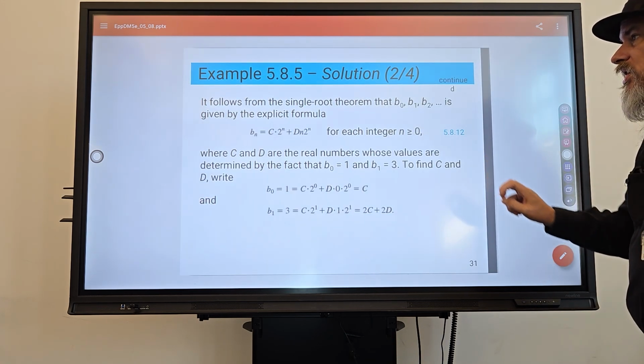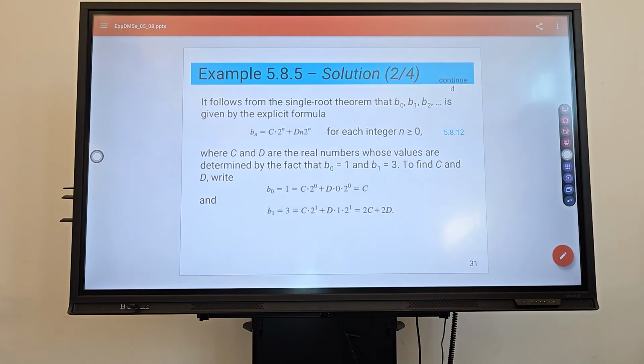So it follows from the single root theorem that the sequence B is given by the explicit formula c times 2 to the n plus d times n times 2 to the n for each integer n greater than or equal to 0, where c and d are real numbers whose values are determined by the fact that b sub 0 equals 1 and b sub 1 equals 3.